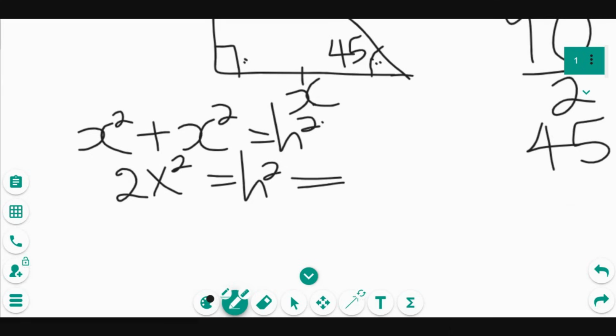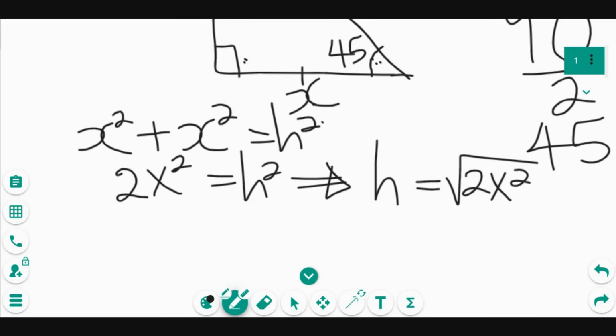And that, of course, implies that if I take square root on each side, I'm going to get the hypotenuse as the root of 2x squared. When I apply that root on each individual term, 2 does not have a perfect square root, so it stays. I don't want to go into decimal places. So I just remain with the root 2, and then x squared has a perfect root, which is simply x.